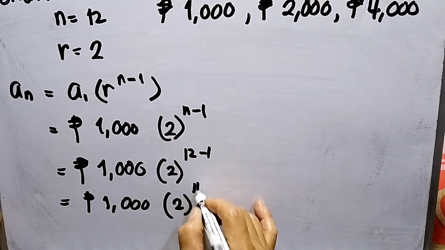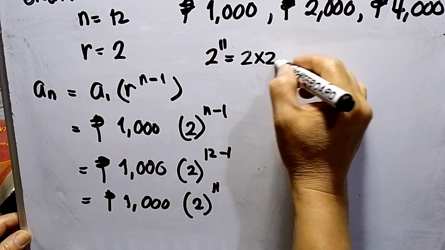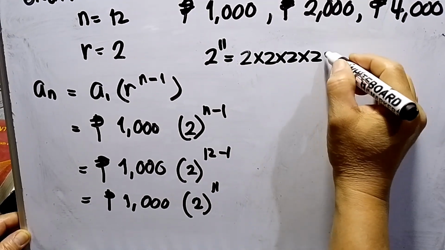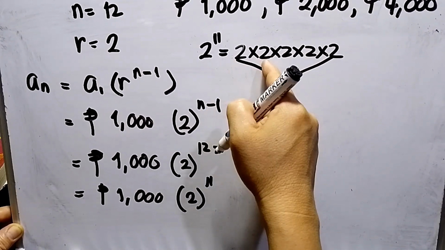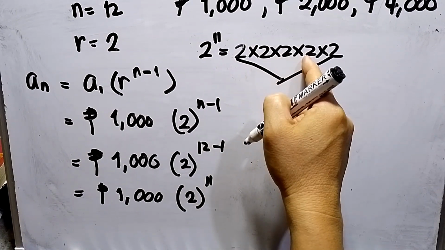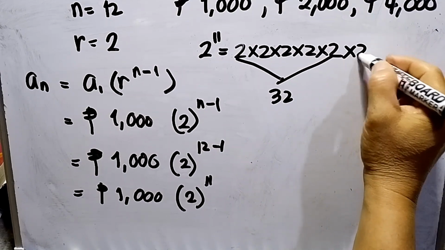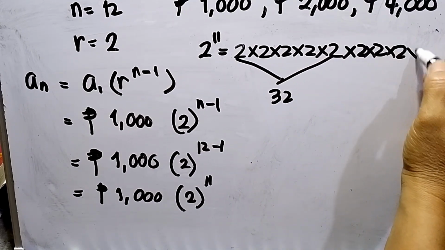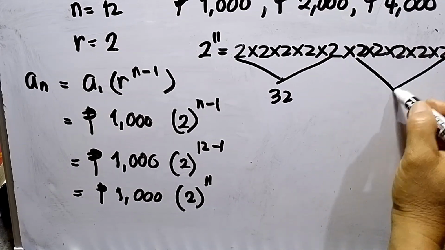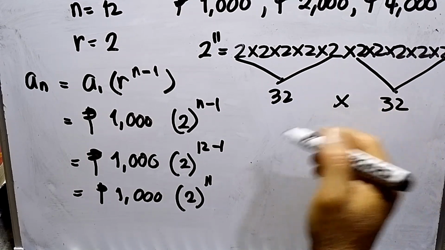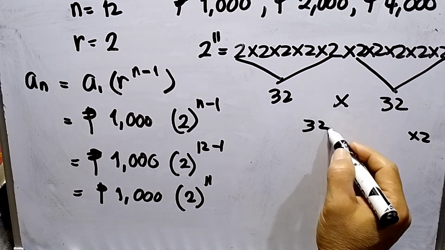So this is 1,000 times 2 raised to 11. 2 raised to 11 will be 2 times 2 times 2 times 2 times 2, that's five 2s. So 2 times 2 is 4, times 2 is 8, times 2 is 16, times 2 is 32. Then times 2 five more times. So again, this is 32, and then I need 32 times 32.